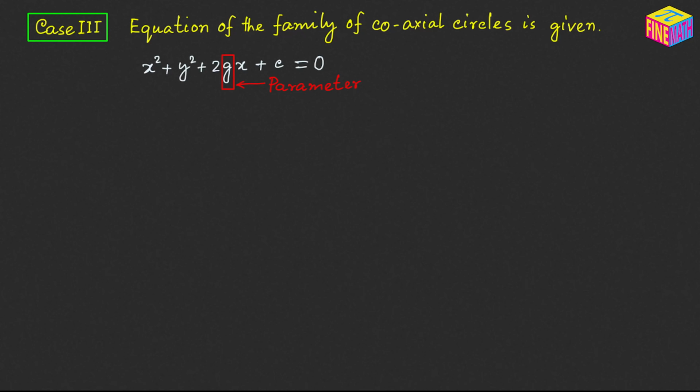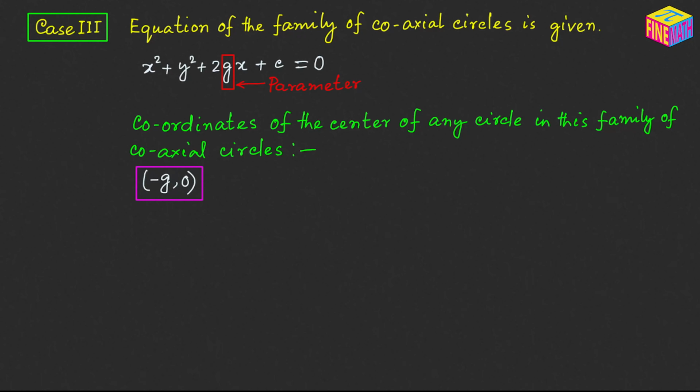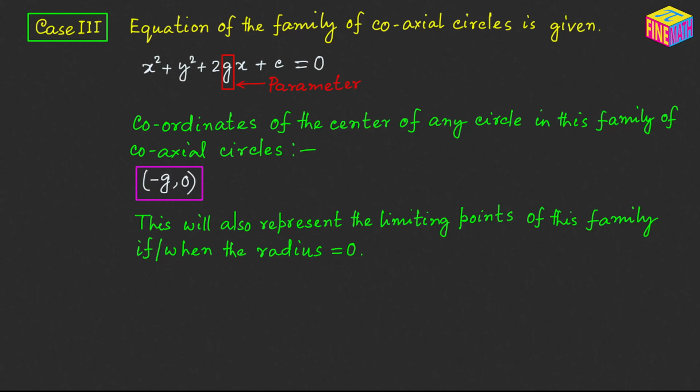From this equation, we can clearly see that the coordinates of the center of any circle belonging to this family would look like this. And this will also represent the limiting points belonging to this family. Of course, the criteria is that for limiting points, the radius has to be 0. Now, in this case, what is the radius? Well, the radius will be like this. It would be square root of g squared plus f squared minus c. In this case, f is 0, of course, there is no y term.